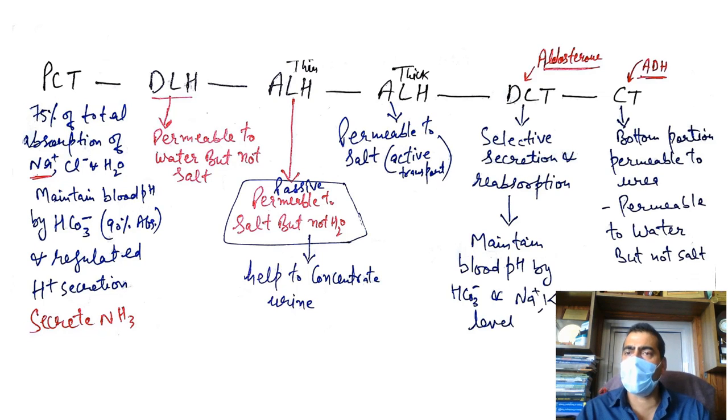It maintains all these. And then there is another hormone, antidiuretic hormone, ADH. This hormone acts on the collecting tubule. It helps in the permeability to urea and water but not salt.